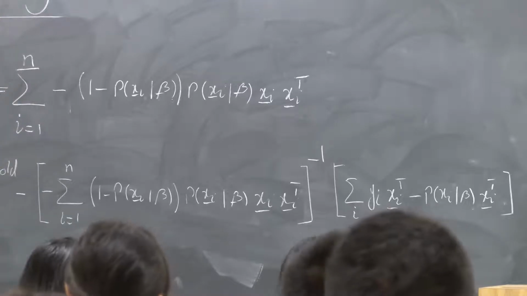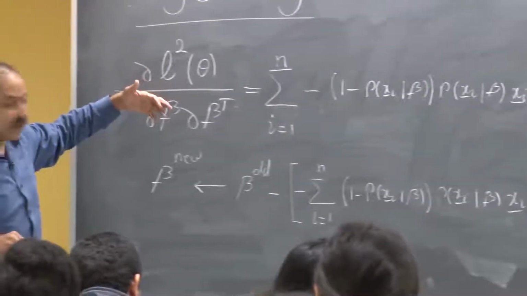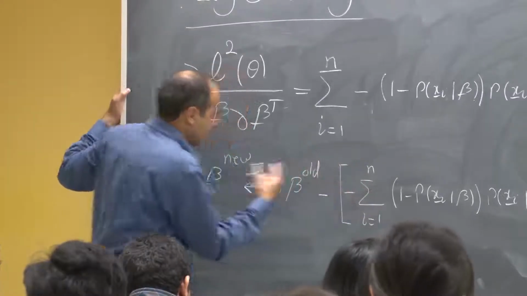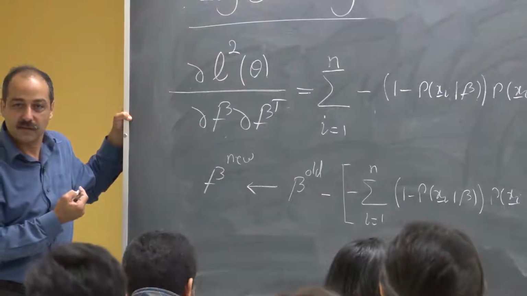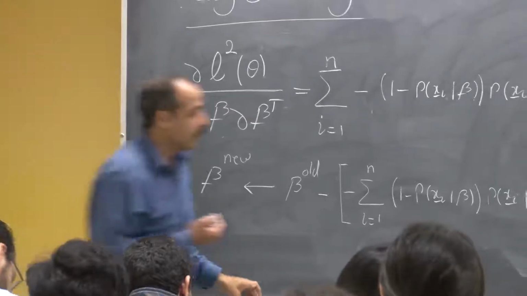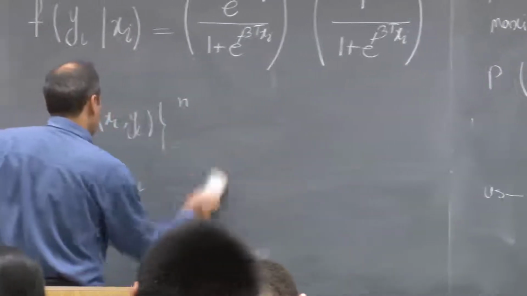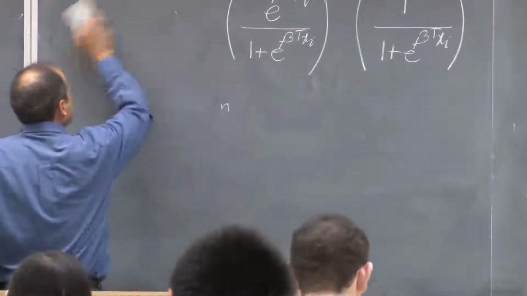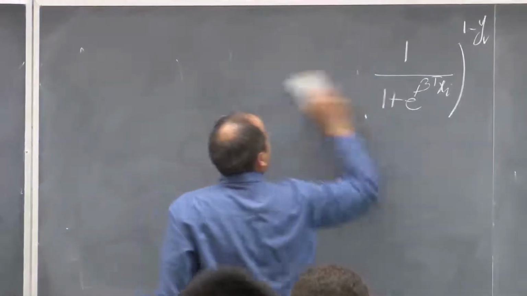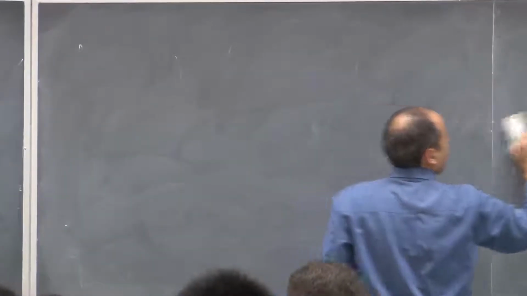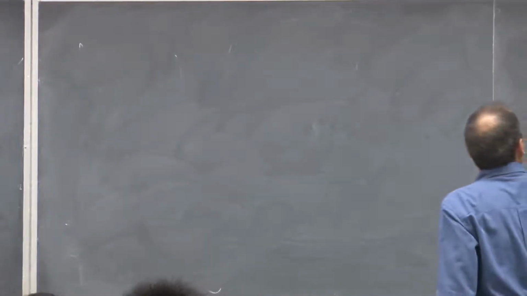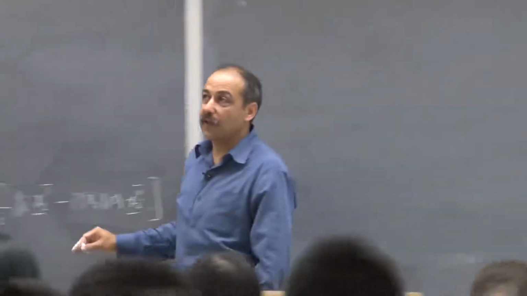So I can initialize beta with some values and then iterate until it converges. Okay? I can write it in a better form if I use vector and matrix notation. Any question up to this point?